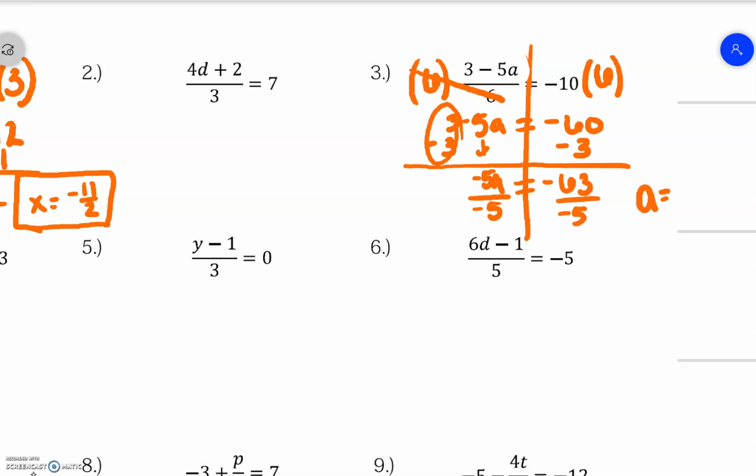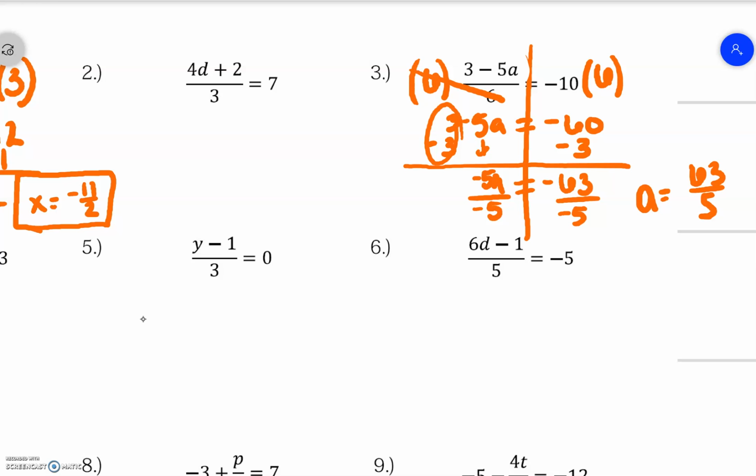I get a equals positive 63 over 5. And I can't simplify that any further. Why is the answer positive instead of negative? Right, because we have a negative divided by a negative, and 2 negatives make a positive.